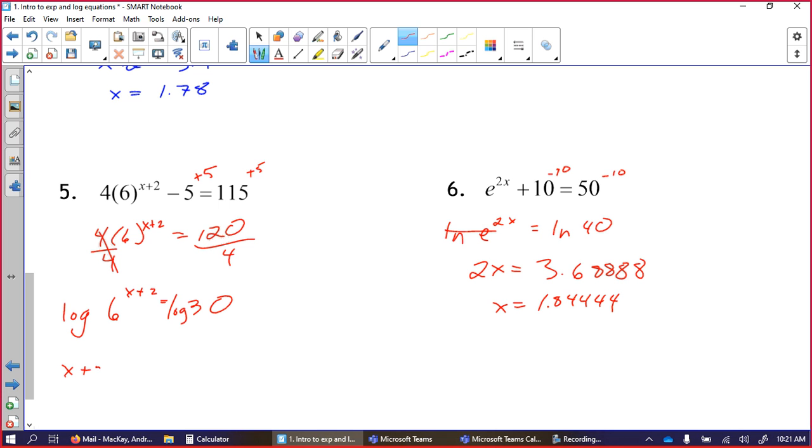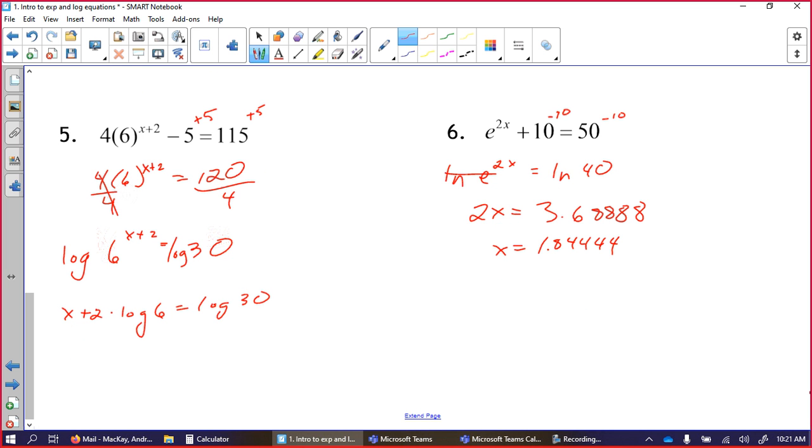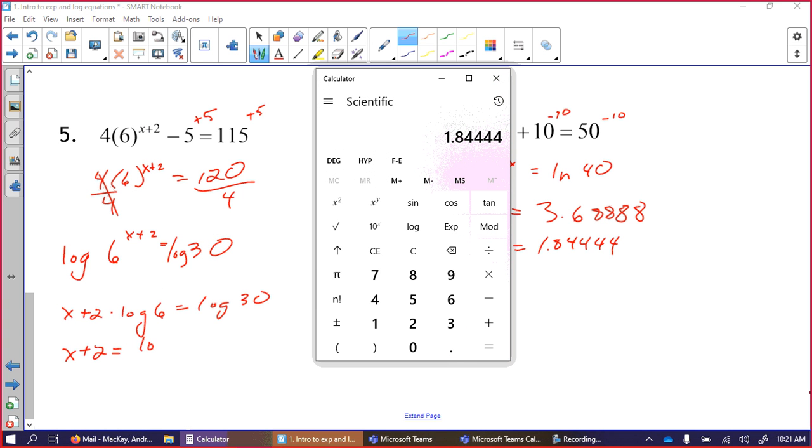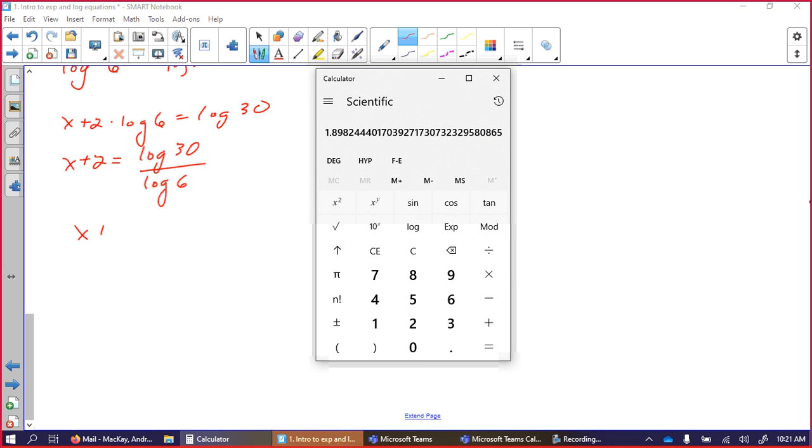Exponent comes down. x plus 2 equals log of 30 divided by log of 6, 1.90. x equals negative 0.1.